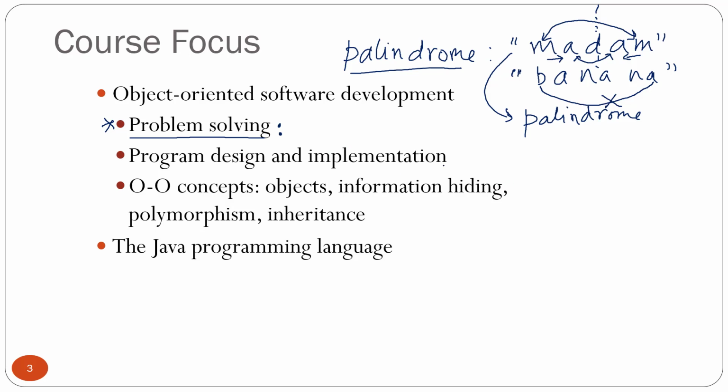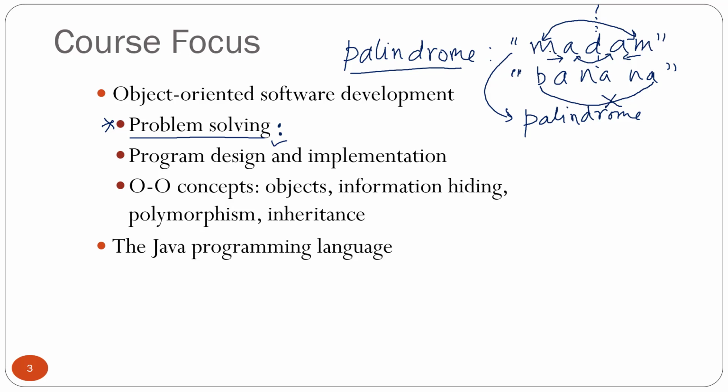So what was the reason for doing this exercise? The reason is to give you some idea about problem solving. What was the problem? The problem is to check whether a given word is a palindrome or not. And what's the approach that we used?